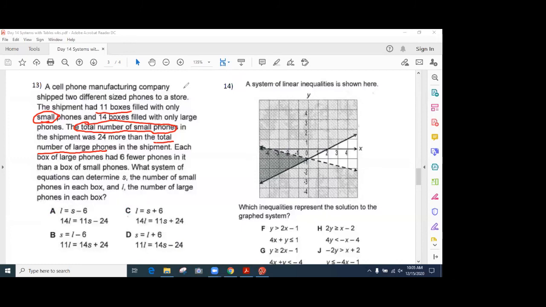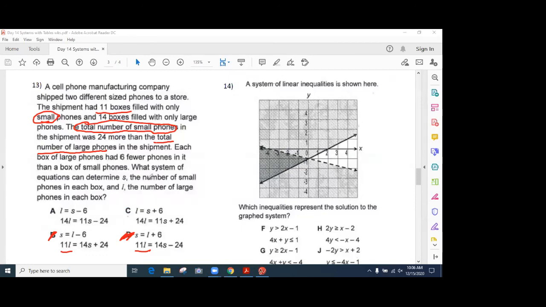If I was going to eliminate something, it would probably be based more off, now that I've read this, 11 boxes filled with small phones. 11 has to go with S. This has 11 with L. Y'all see why I caught that right there? Because the 11L didn't make any sense. The 11S did. And I've got two things that mention totals right there. This is a tough question right here.